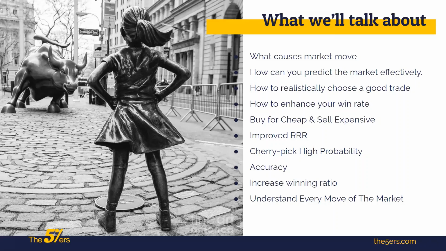supply and demand, also known as order flow theory. This particular theory is a unique way of looking at charts and reading from these charts the narrative that is happening in the market.